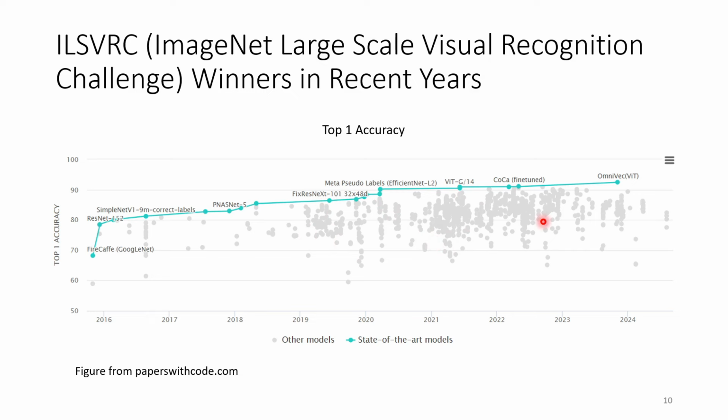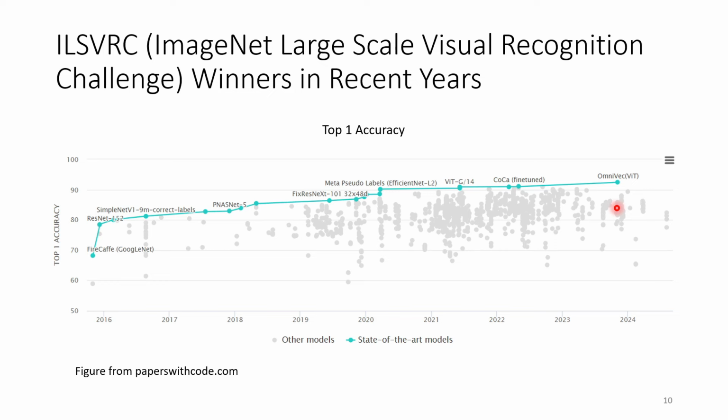It means some methods were proposed but didn't outperform existing methods. So now the top-1 accuracy is around 92%. Quite amazing.